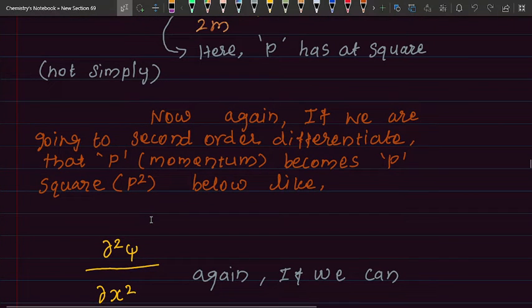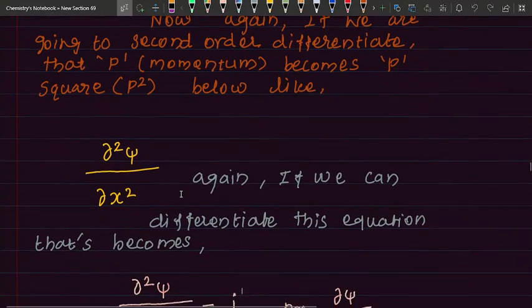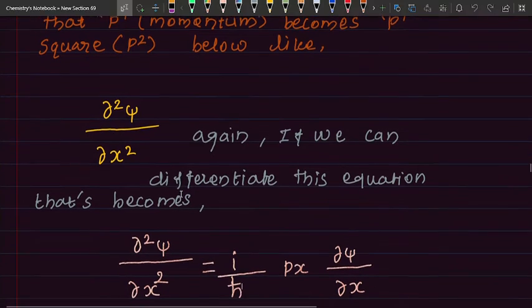If we go to the second order derivative, the momentum p becomes p square, giving dou square psi divided by dou x square.